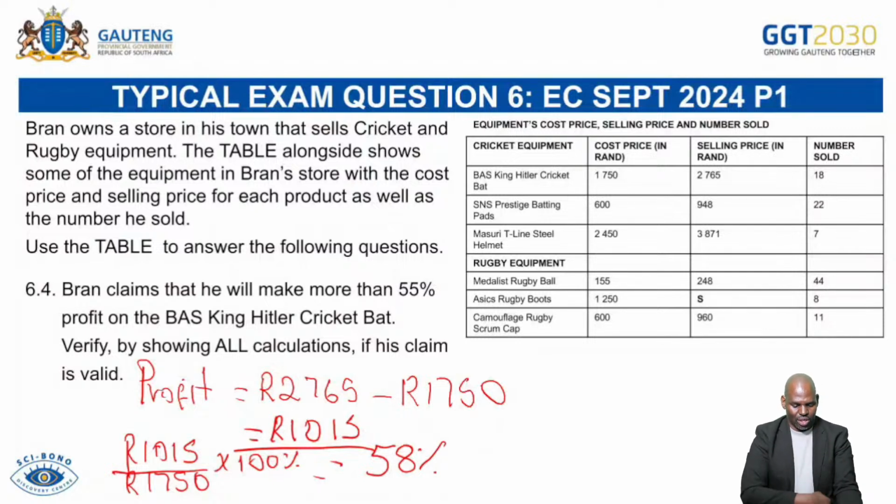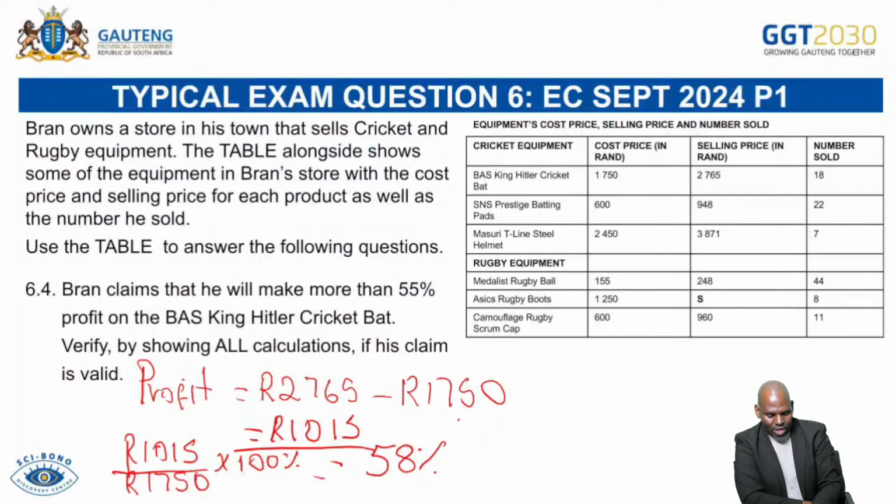Let's check our question. Brand claims that he will make more than 55% profit. Verify by showing all calculations if his claim is valid. So in this case, it's 58%. Therefore, his claim is valid.